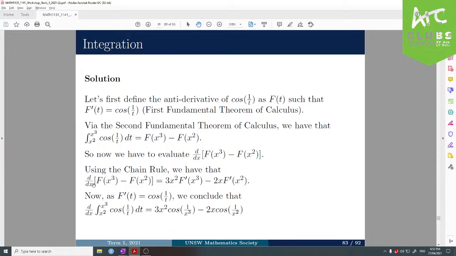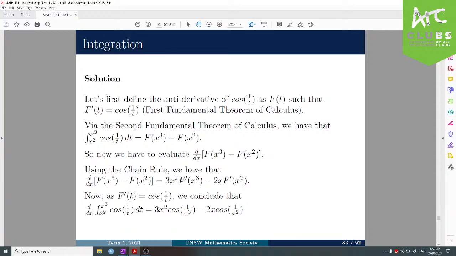So when we differentiate that, we get 3x squared F dash x cubed minus 2x F dash x squared, which is simply the derivative of x cubed times F dash minus the derivative of x squared times F dash.